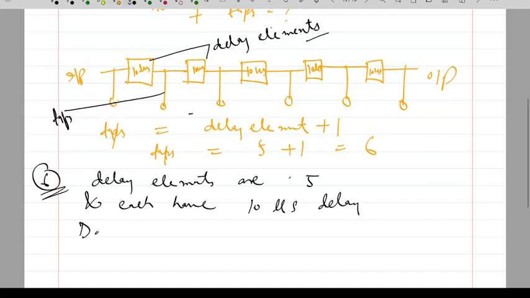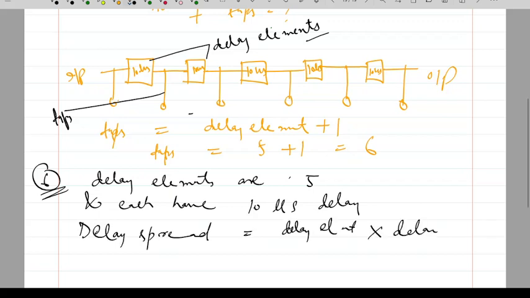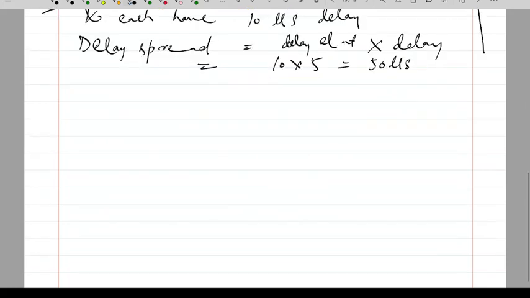So the delay spread is the number of delay elements multiplied by the delay. So the total delay spread is equal to 10 multiplied by 5, that is 50 microsecond delay. This 50 microsecond delay would be equalized.